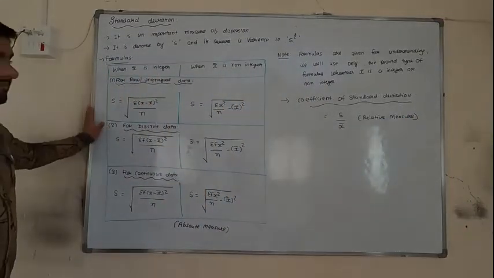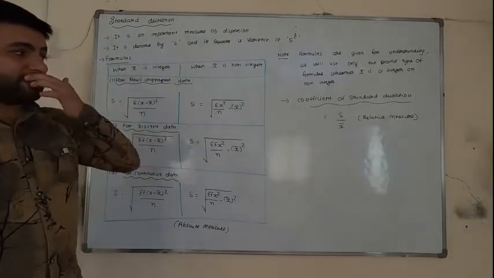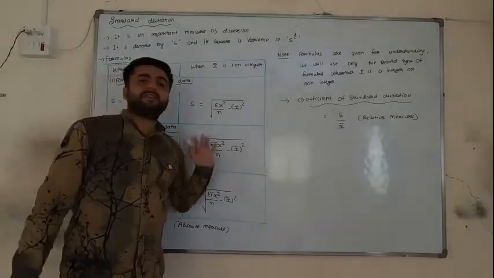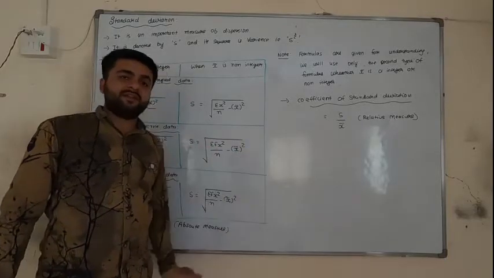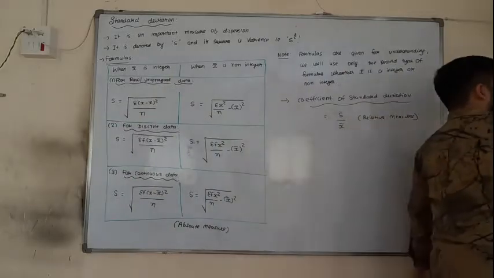Friends, these are the formulas. This we will not use, only we will use this. And for relative or coefficient of standard deviation, S upon x bar means the answer divided by the mean which we have found. Now we are going for exercise 4.4.